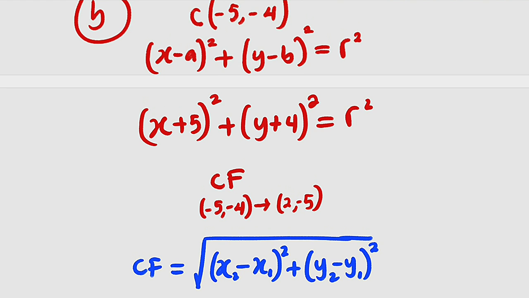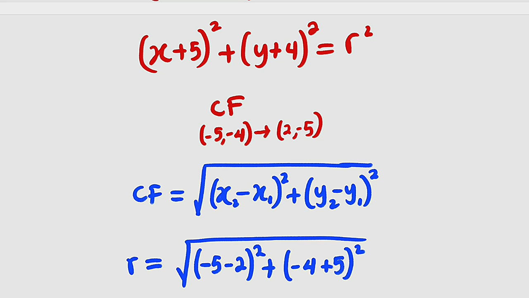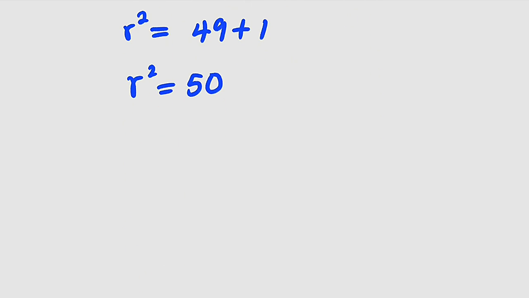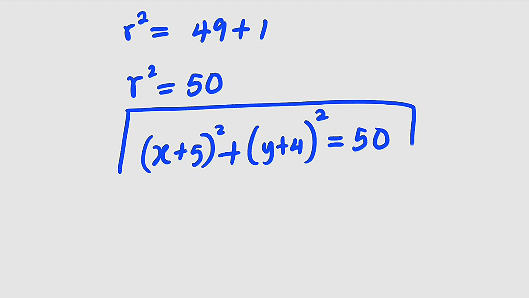All we have to do is substitute it with 50. So we have x plus 5 whole squared plus y plus 4 whole squared equal to r squared, which is now 50. And hence, this is the equation of that circle in standard form.